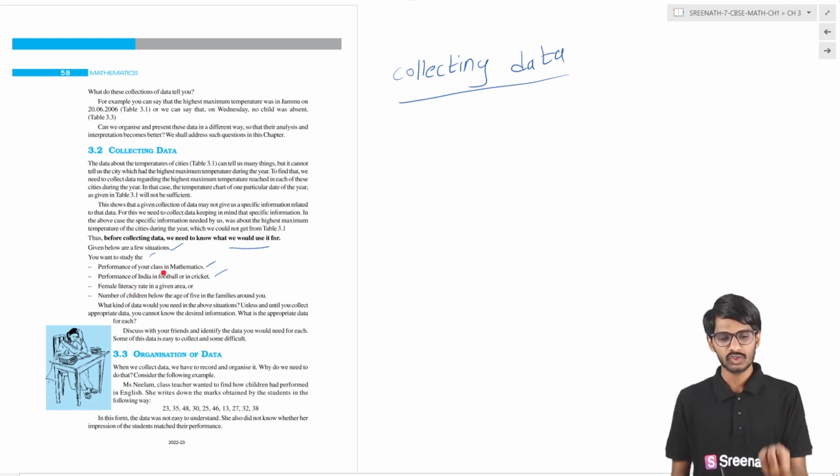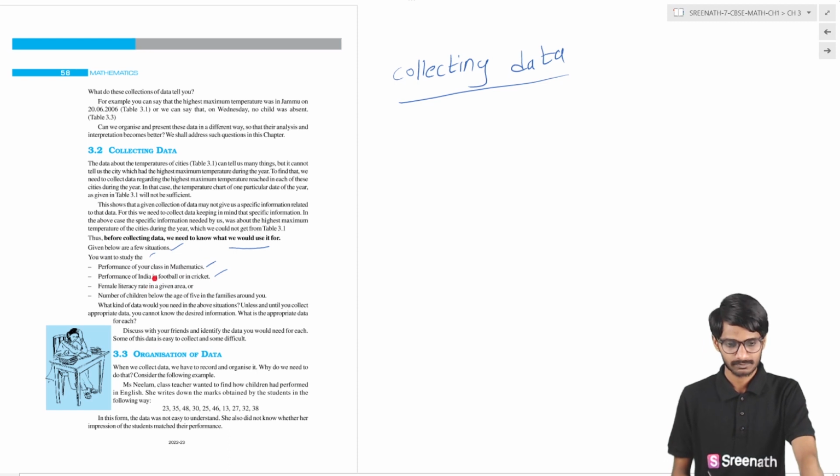You have to collect the mathematics subject marks of all students. If you get that data, then you can assume the performance of your class in mathematics. So in that way, students, you have to collect the data by knowing the purpose.